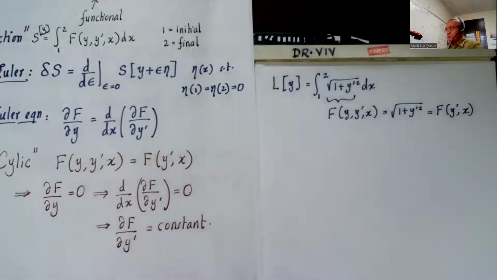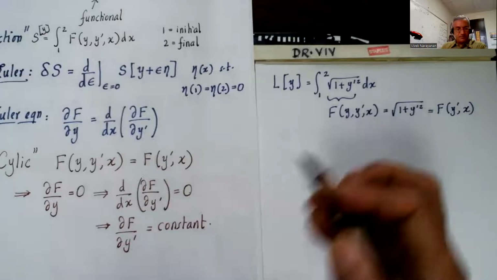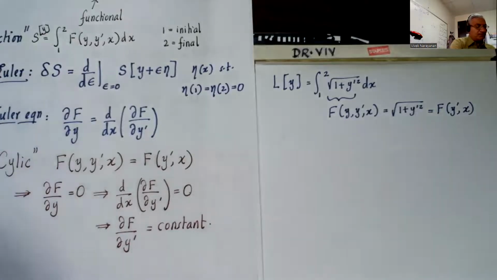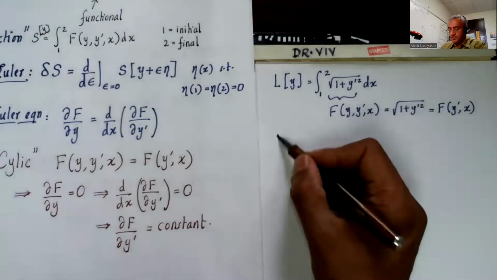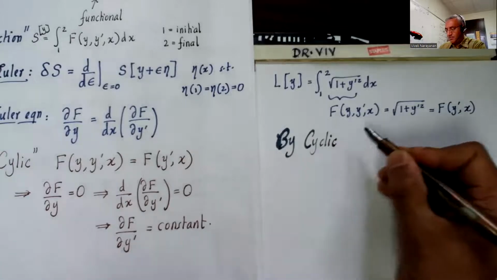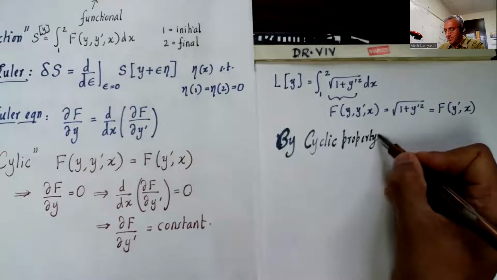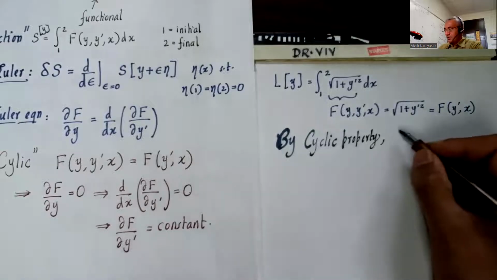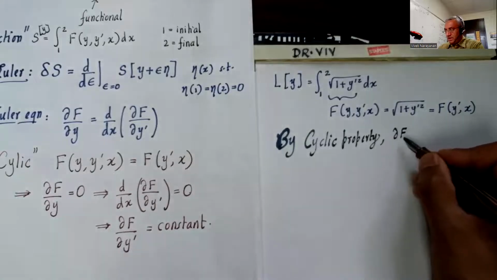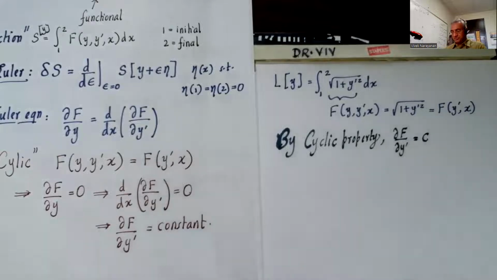Let's do that. So by the cyclic property, I have del f by del y prime is constant. I'll call the constant c, not to be confused with the speed of light.